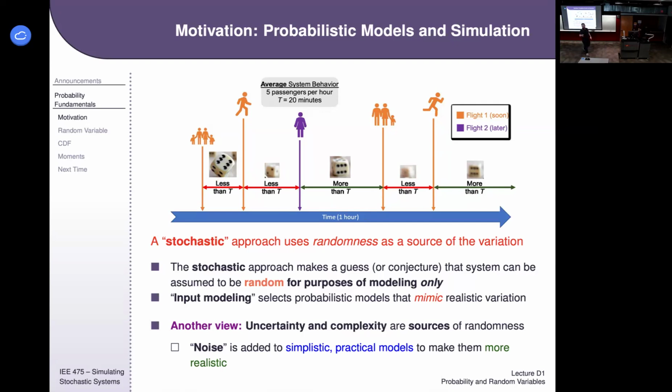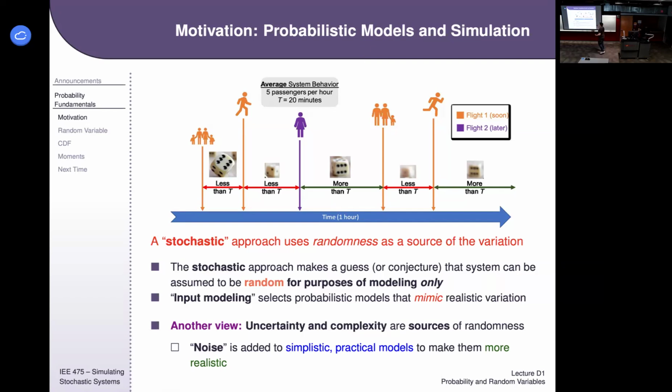Either you buy that stochasticity is a modeling approach where I replace determinism with a simpler, fewer-parameter random model, or I purposely leave stuff out of my model, which creates a gap between my model and reality, and I fill that gap with randomness to better model the uncertainty I've added by leaving stuff out. Those are two ways to look at it. We end up in the same place though.